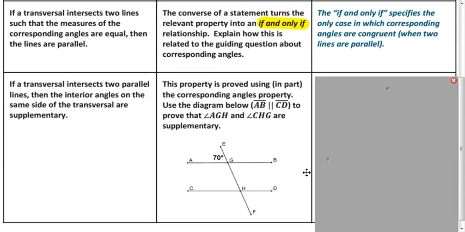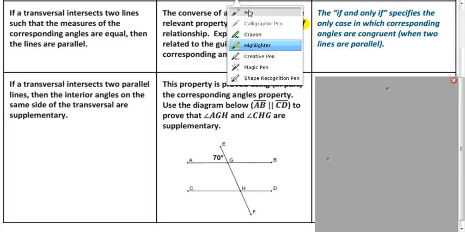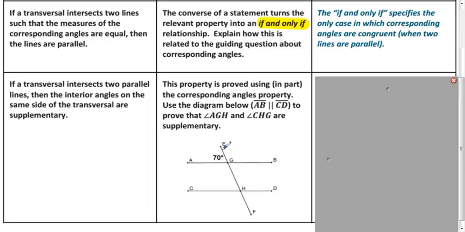And we also learned that same-side interior angles are supplementary. How can we show that, or how can we prove that by having this pair of parallel lines here? So how can we prove that using this diagram? Well, you know that since lines are parallel, that the corresponding angles are congruent.